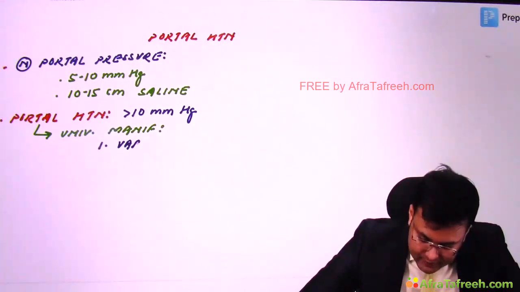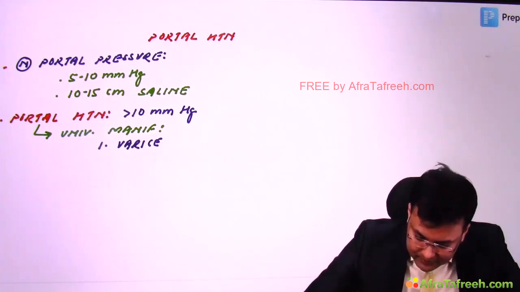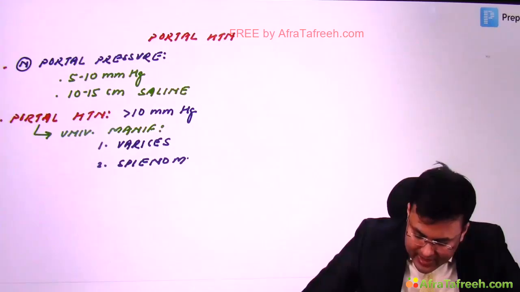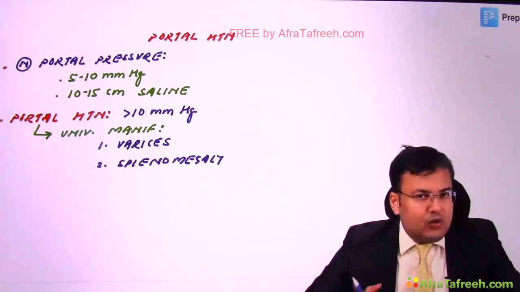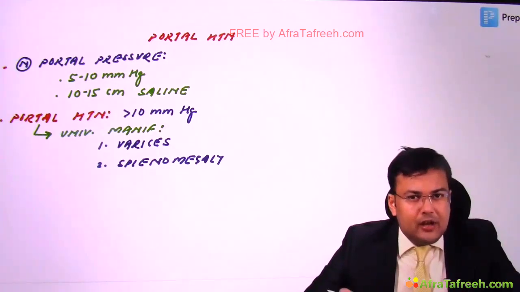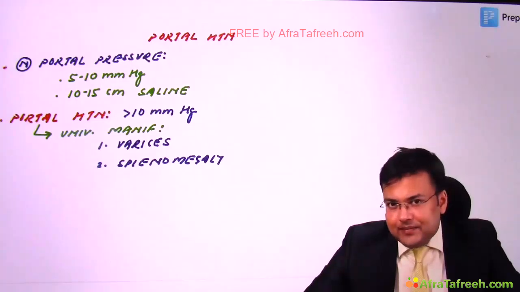First is variceal formation or varices, and second is splenomegaly. Clear?